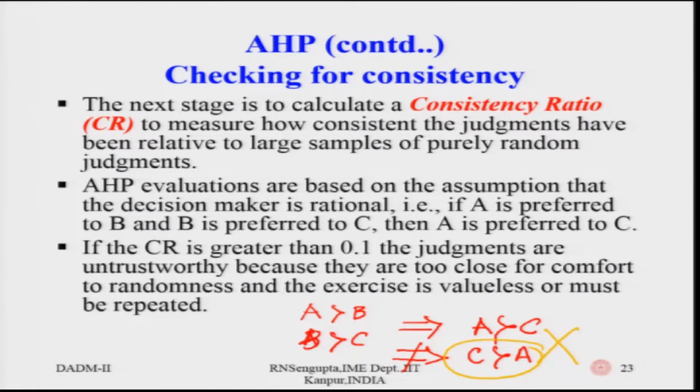If CR is greater, the consistency ratio ranking is already there from a table. It says that if CR is greater than 0.1, the judgments are untrustworthy, that there is some discrepancy in the logic, because they are too close for comfort to randomness, and the exercise will be valueless or must be repeated as required.